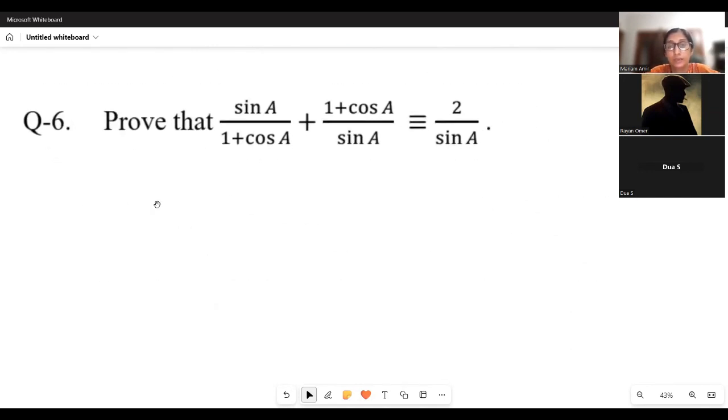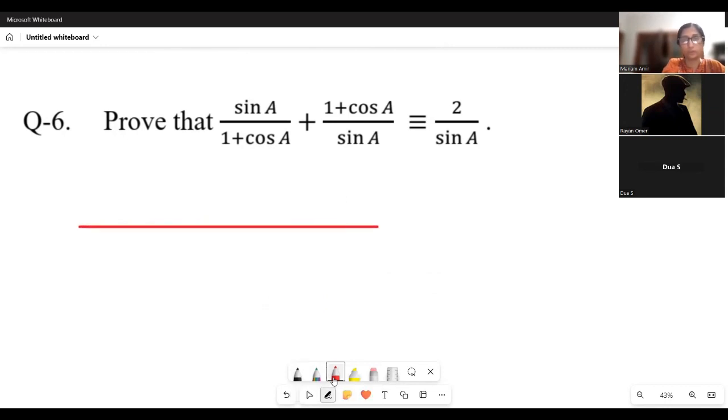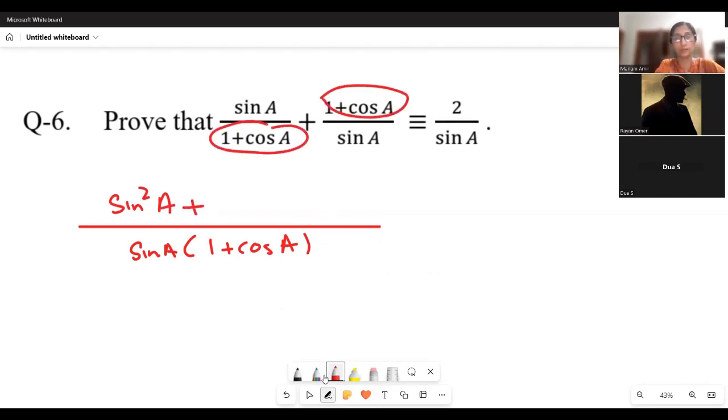Prove that left-hand side equals right-hand side. Let's do that. LCM, which is sine A times 1 plus cos A. Numerator would be sine square A plus this, and this will get multiplied, so it will be 1 plus cos A whole square, which expands to a square plus 2ab plus b square.